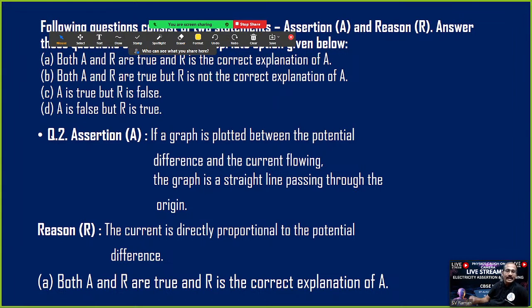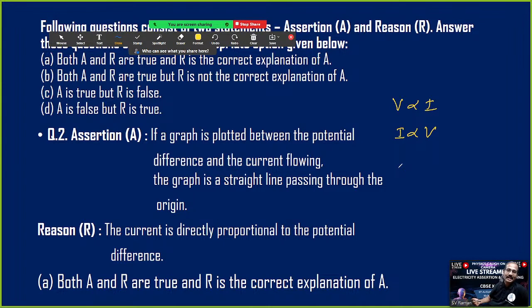Excellent. Now, this is my doubt to the audience. Once you reply, which one is correct? If potential difference increases, current is increasing, or if current increases, potential difference is increasing.